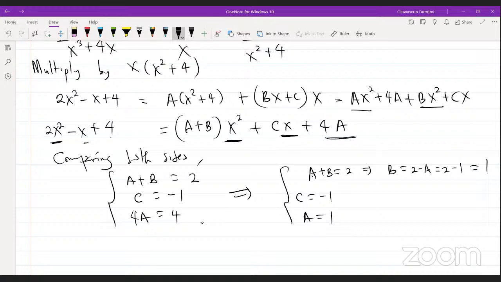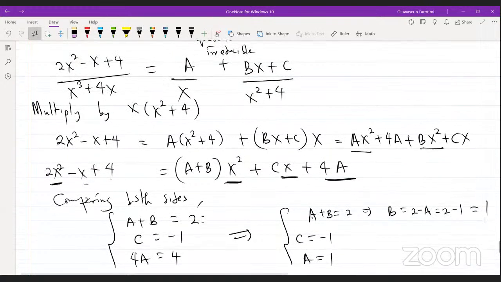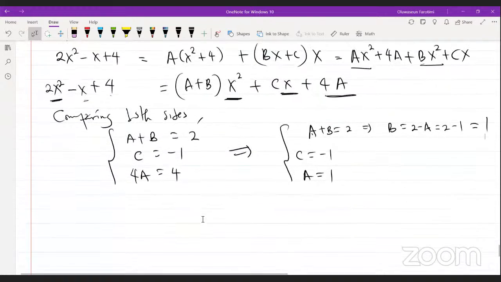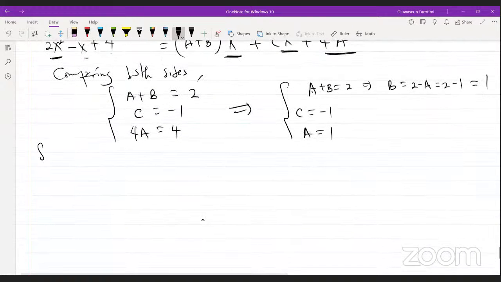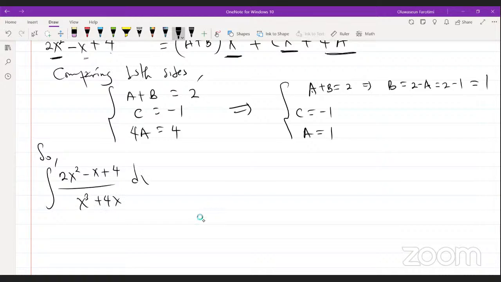So I know what A is, I know what B is, I know what C is. You just go ahead and plug it in. So we now have the integral of (2x squared minus x plus 4) over (x cubed plus 4x) dx, which I can now write as the integral.